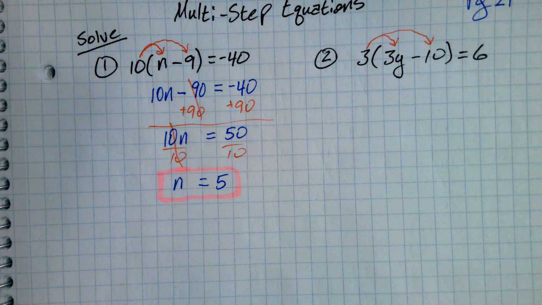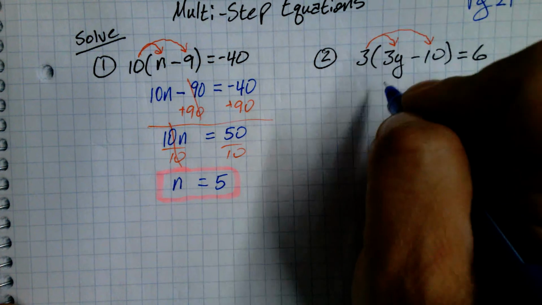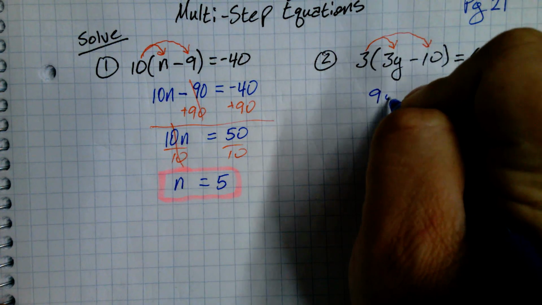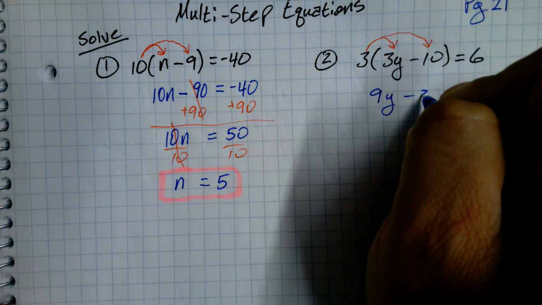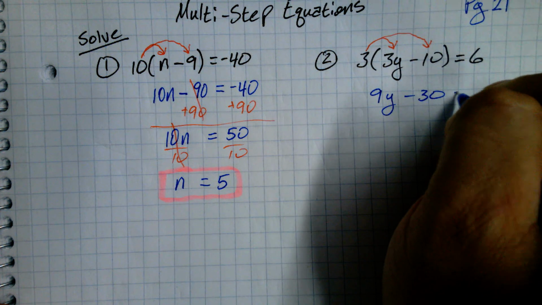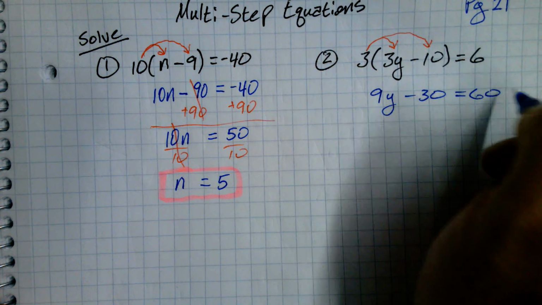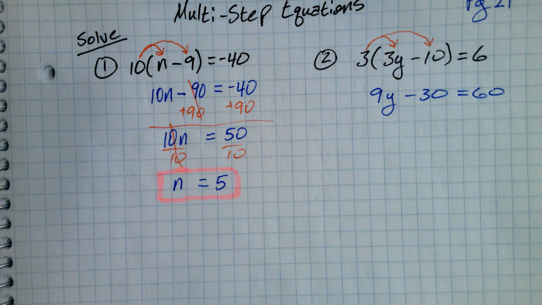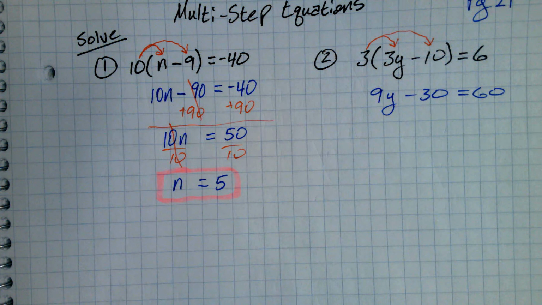So 3 multiplied with 3y, 3 multiplied with 10. Let's see, what do we get? All right. Good job.